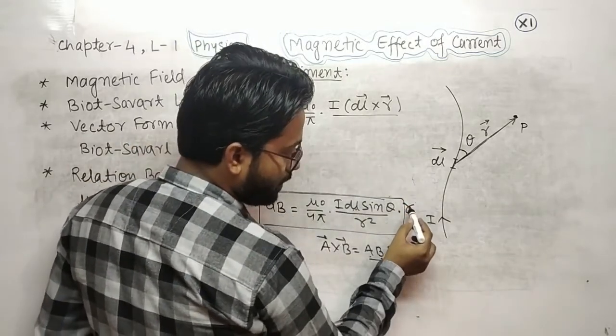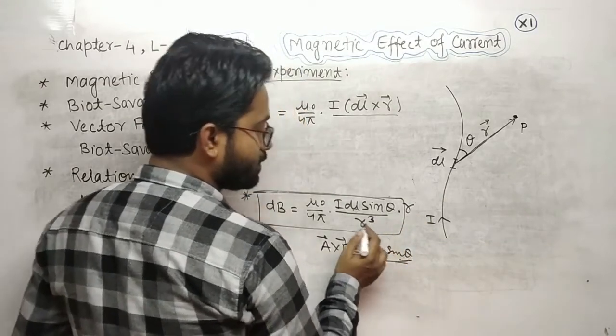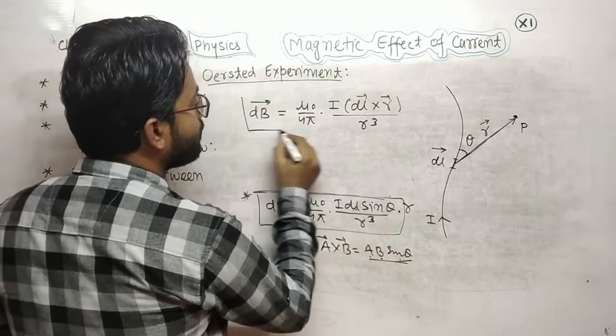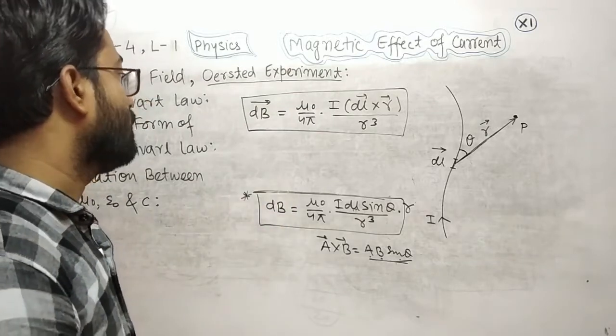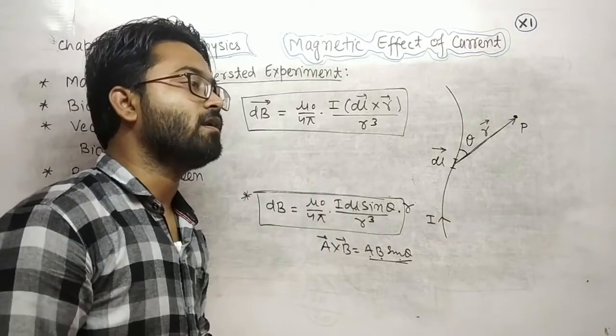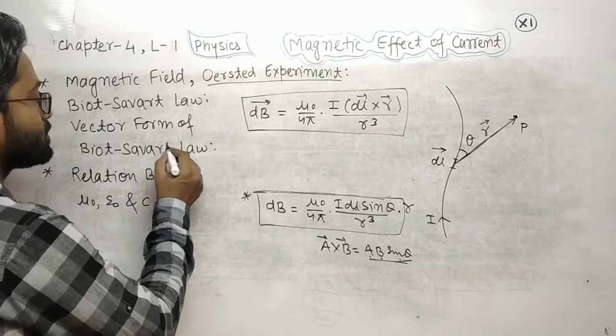If you multiply by r, it must be divided, that will be r cube. In vector form, you can write dB is equals to mu naught by 4 pi I dl cross r upon r cube. This is the vector form of the Biot and Savart law.